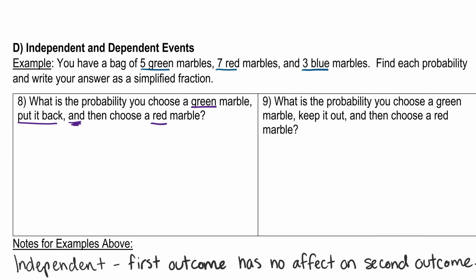Okay, this would be an independent event because I pick out one marble on the first one, I see what color it is, but because I put it back, that means the second time that I draw a marble out of this bag, it's like I started over. So whatever I picked the first time does not change the results of the second one, because it's like I'm restarting every time. Okay, that would be independent.